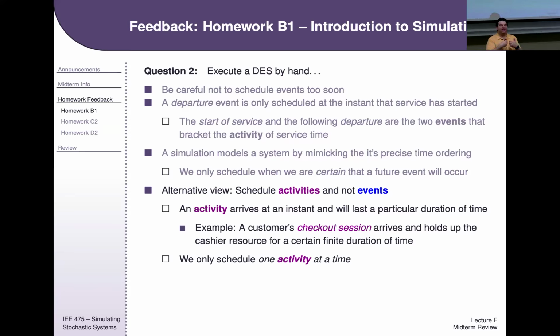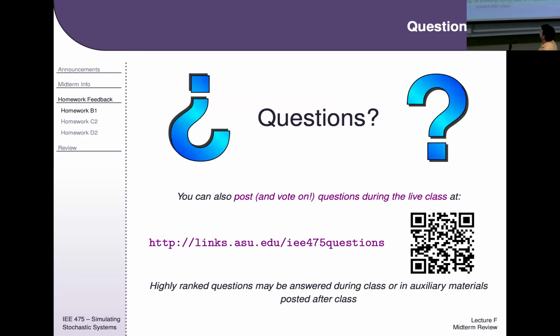You say, no, I know that an inter-arrival duration has started, so I schedule its end. That's the mental model you should have. I know service has started, so I schedule its end. You schedule the end of things. You don't schedule the start of upcoming things. You schedule the end of things, but the end of things will start new things. Whenever a new activity is started, you schedule its end point. That's the idea.